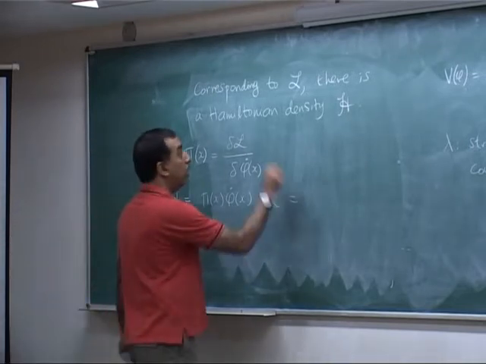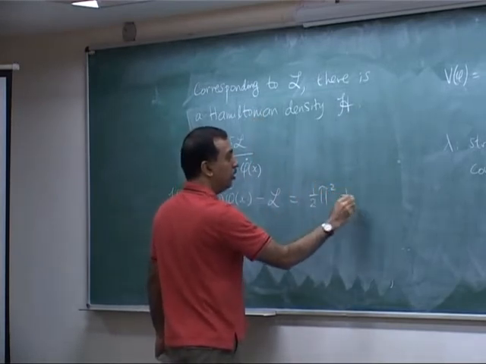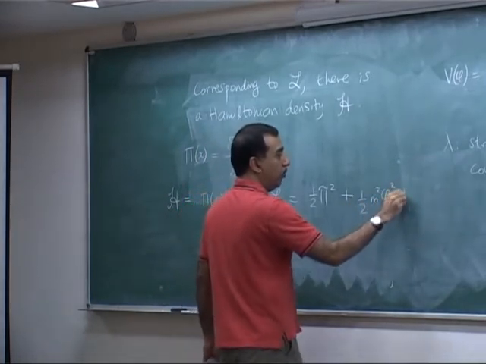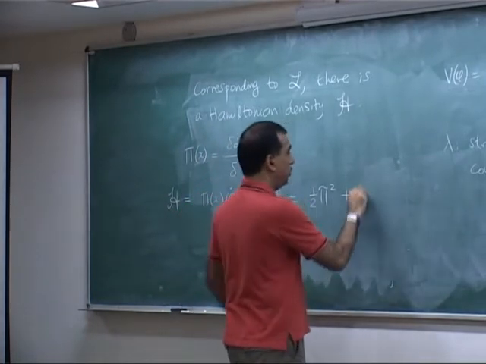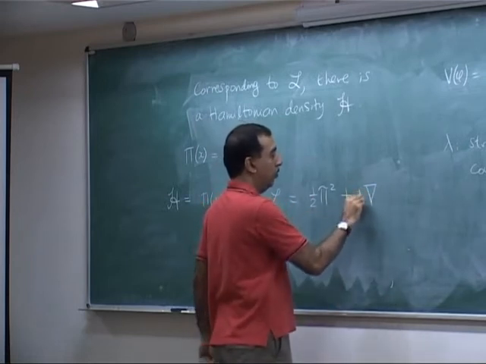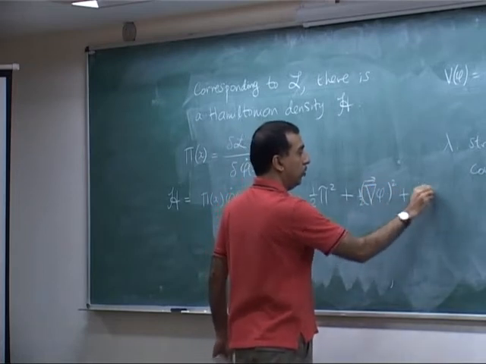And if we carry out that procedure here, we find the answer to be half pi squared plus half grad phi squared plus V of phi.